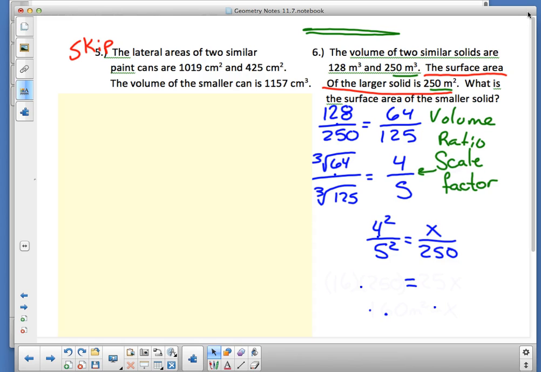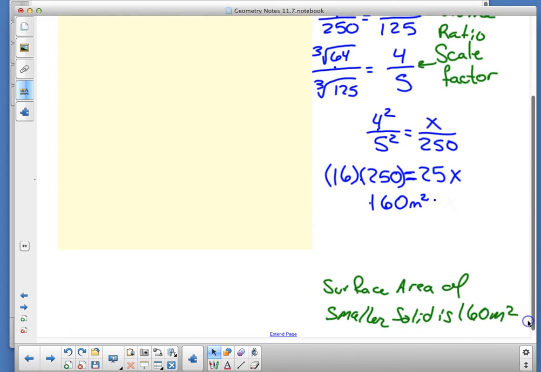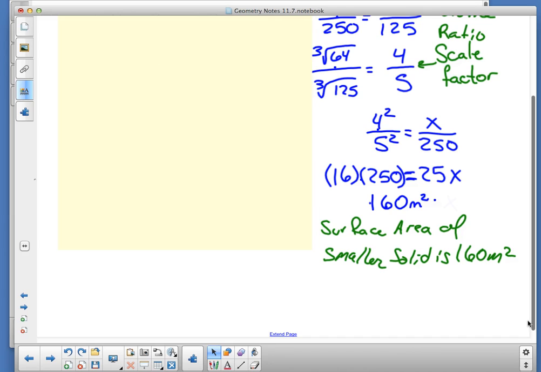I set it equal to x over 250. Now I solve this proportion. Now I cross multiply 16 times 250 divided by 25, and I get 160. And word problem, word answer, there we go. Surface area of smaller solid is 160 meters squared. Maybe somebody should have said of the smaller solid. So let's say that.